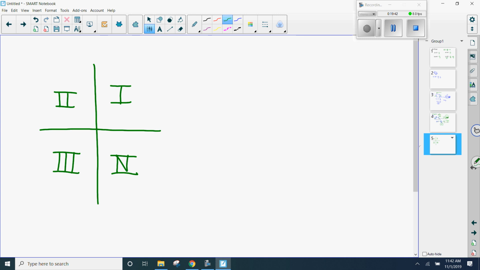So if you look at it, here's 0 degrees, 90 degrees, 180 degrees, 270 degrees, and then you're back over here to 360 degrees. So you can see that quadrant 3 has values between 180 and 270 degrees.